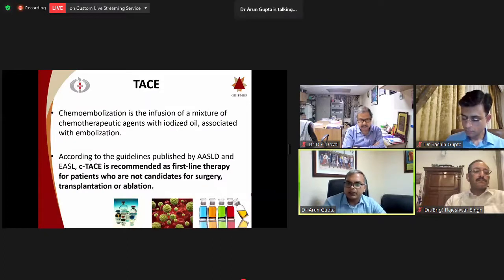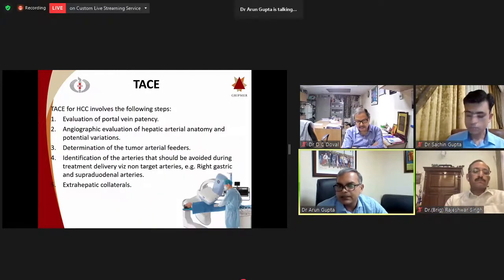So basically, there are two TACEs, which is conventional TACE. The doxorubicin is mixed with the lipiodol and injected to the artery, and this is the first line therapy for intermediate stage tumors. So we should have a patent portal vein.